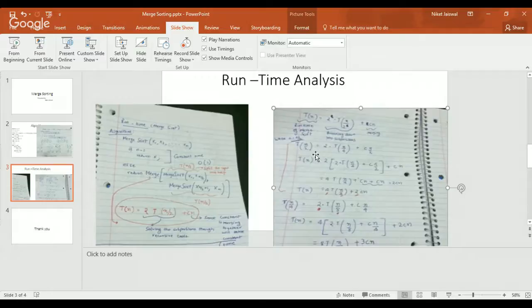Now how are we going to calculate the T of n for n by 2? So we are evaluating the time for the n by 2 interval. Now this particular expression, T of n is 2 times T of n by 2 plus some constant value.